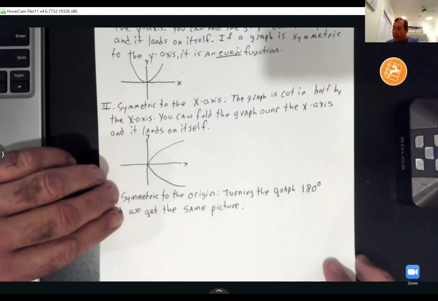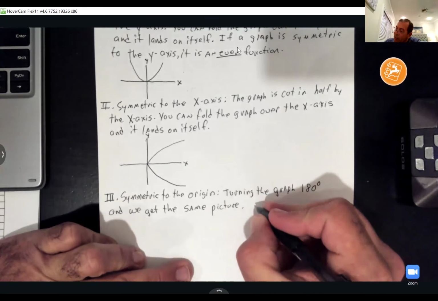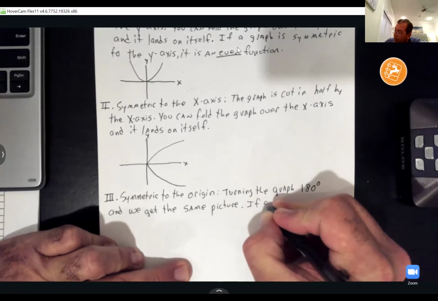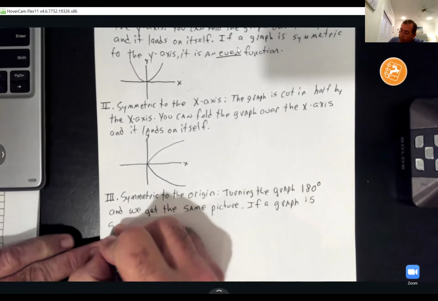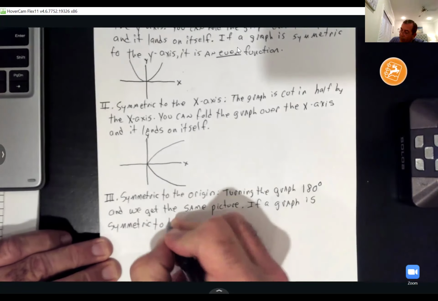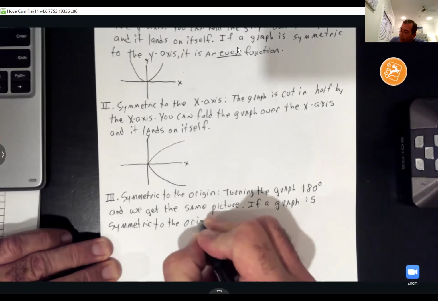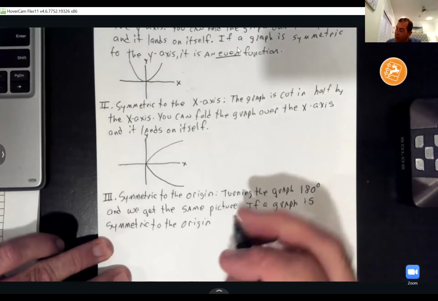Now, I will say this. If it's symmetric to the origin, then it is an odd function.